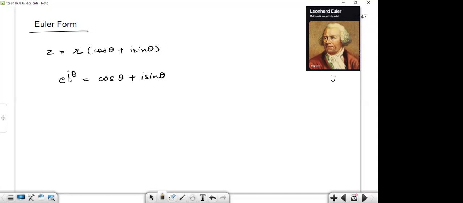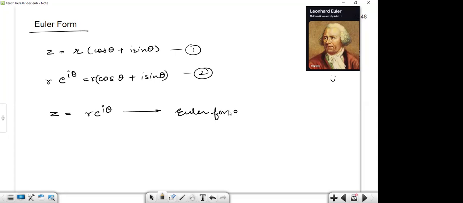Now, if we multiply the magnitude on both sides, magnitude is what? r. r on both sides, then it becomes this. So simply from the first and second equation, we can conclude that z equals r e raised to the power iota theta, because this side and this side are equal. So this has to be equal to this. Clear? Any doubts? No, sir. So this is known as our Euler form of complex number.